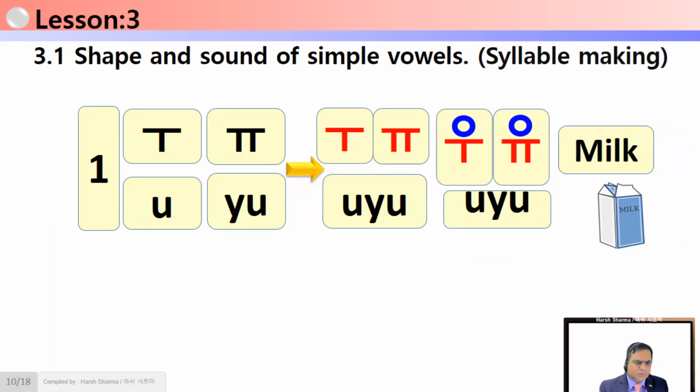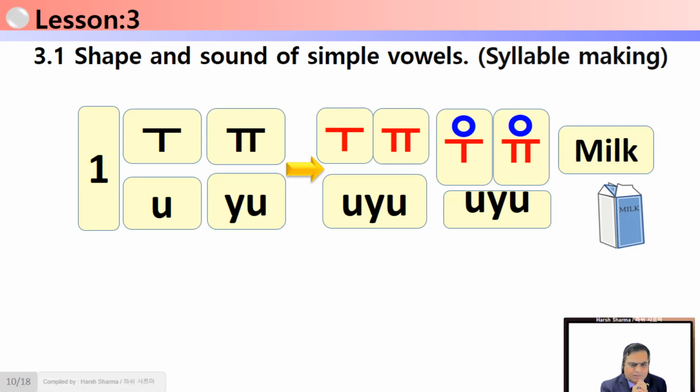First is U and second is U. Let's start making syllables and words, Yoruban. Let's join them, uyu. Speak together fast. Uyu, uyu, uyu. And the meaning of uyu in Korean is milk. Now I know one word, uyu.